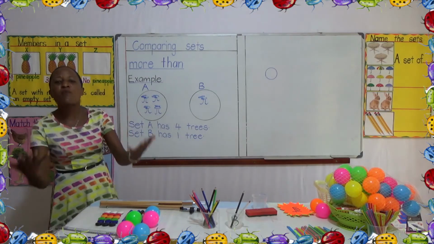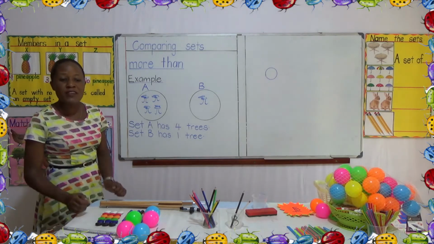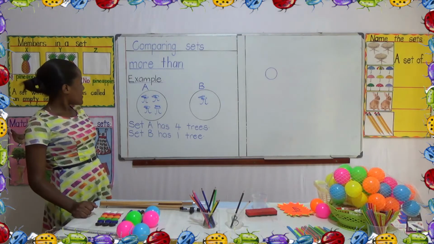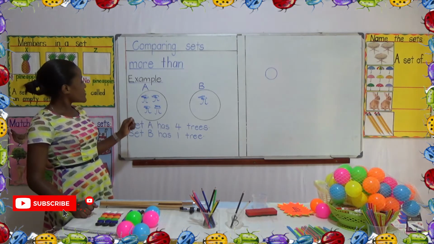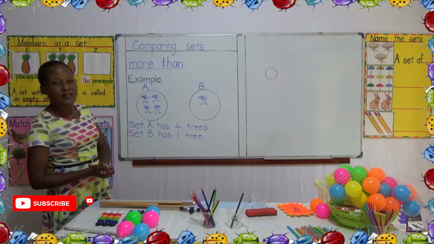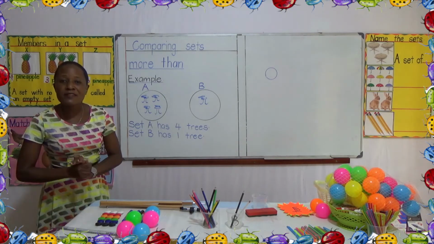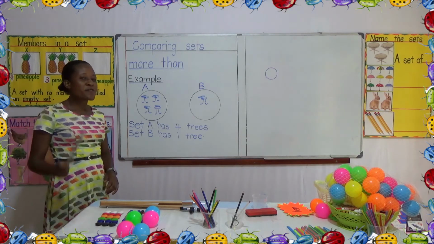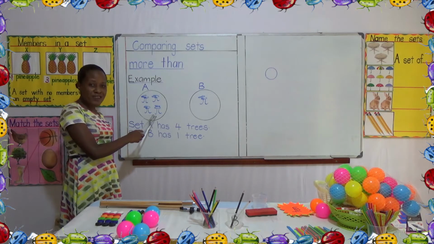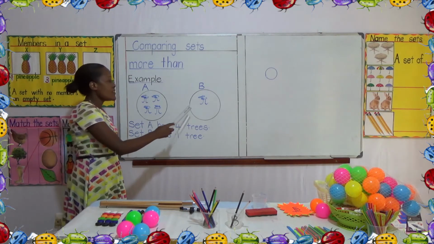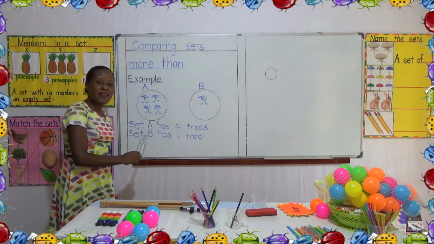Which set has more trees than the other? Yes, looking at our two sets, set A has more trees than set B. Everybody repeat after me. Set A has more trees than set B.